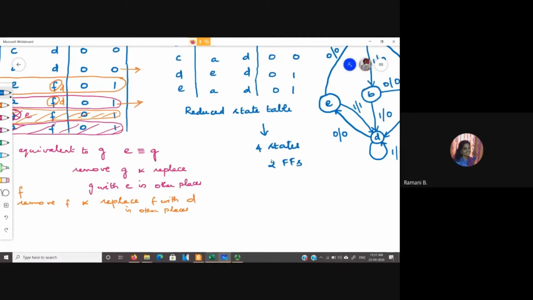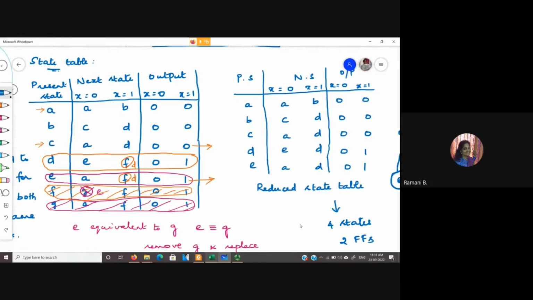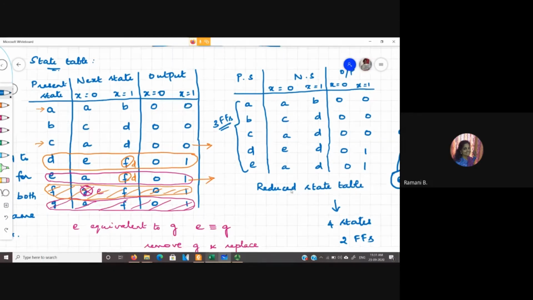But here you have 5 states, so anyway you need 3 flip-flops. So one thing you should remember is that by reducing the state table, we might not be able to reduce the number of flip-flops required. In some cases we will be able to reduce it, but it is not always the case. You need to have that in mind.